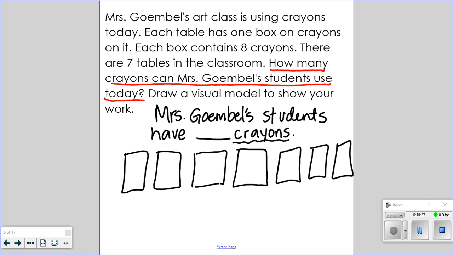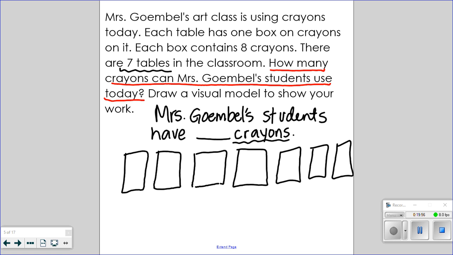Why am I drawing 7 rectangles? They're not crayon boxes because I have more than 7 crayon boxes. Mason? Students. They're not students. Emma? The table. There are 7 tables in the classroom.